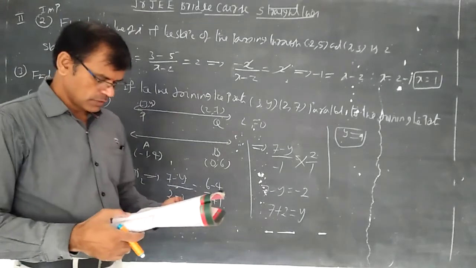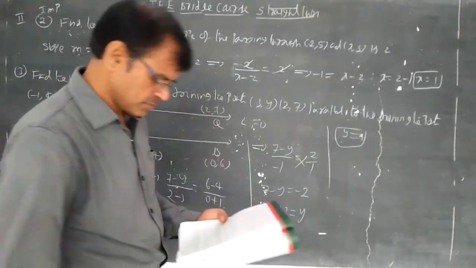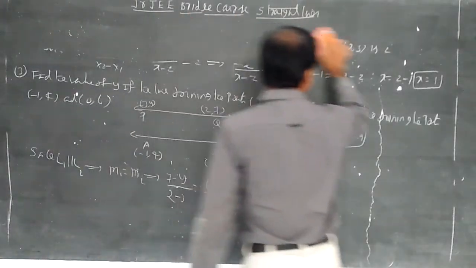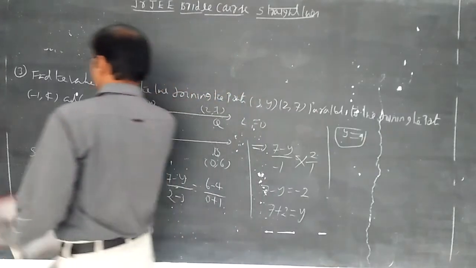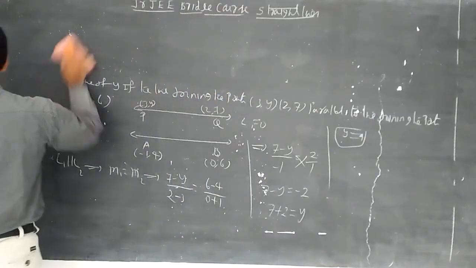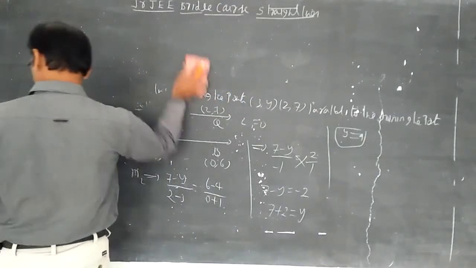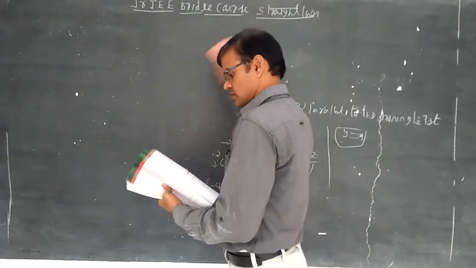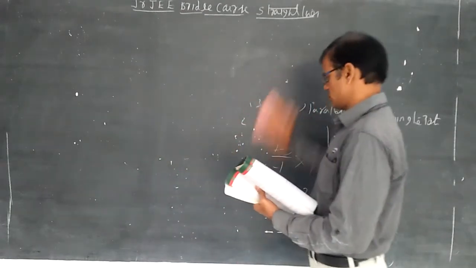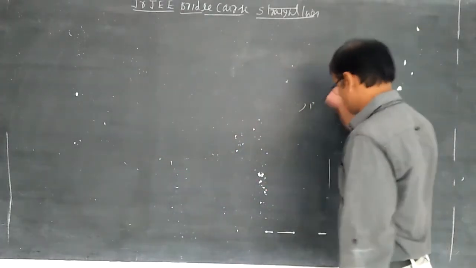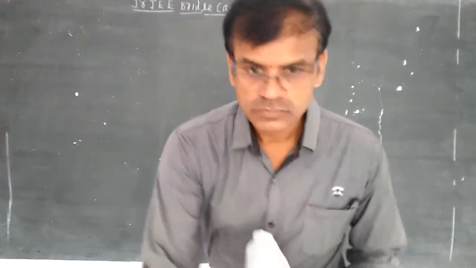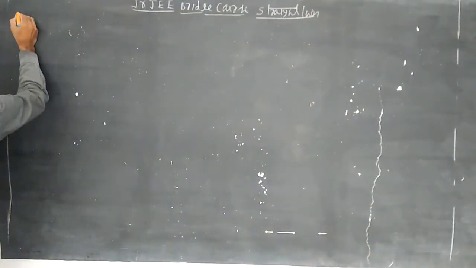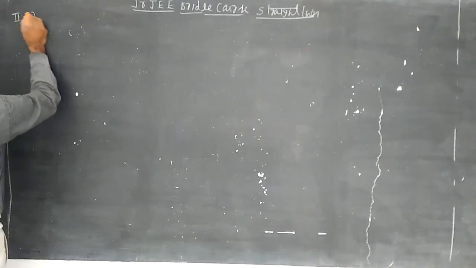Now, I will give homework to you. Three sums I give as homework. Later, the next concept we can write. Depends upon yesterday's questions and today's questions, I want to give homework.